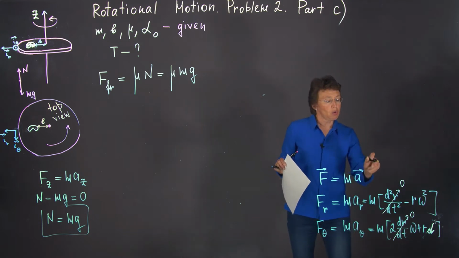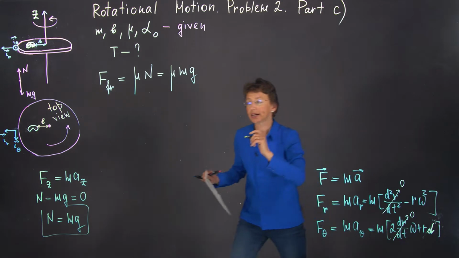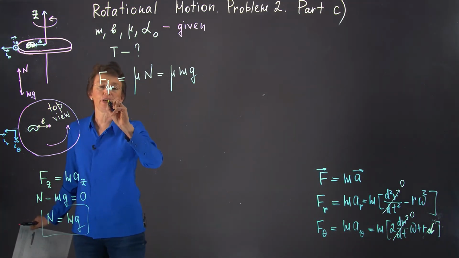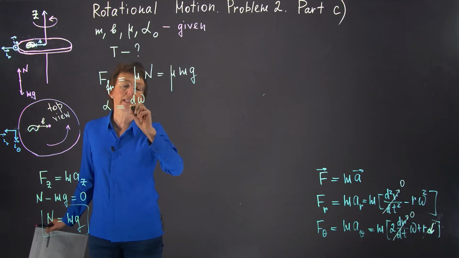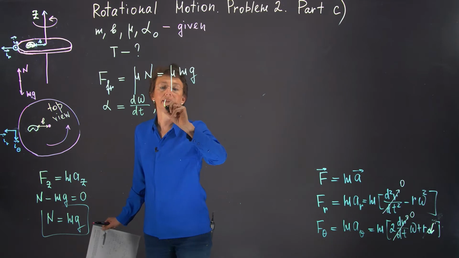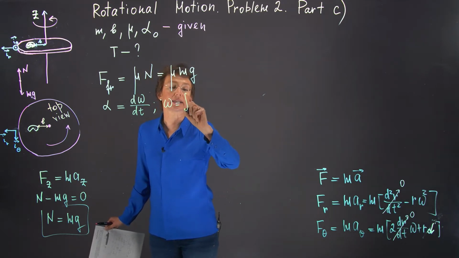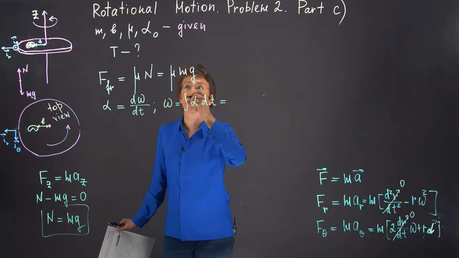If I know alpha, can I find omega? Yes. Remember the equation? What's the definition of alpha? Alpha is d omega dt, which means that omega is integral alpha dt. Alpha in this case is constant.